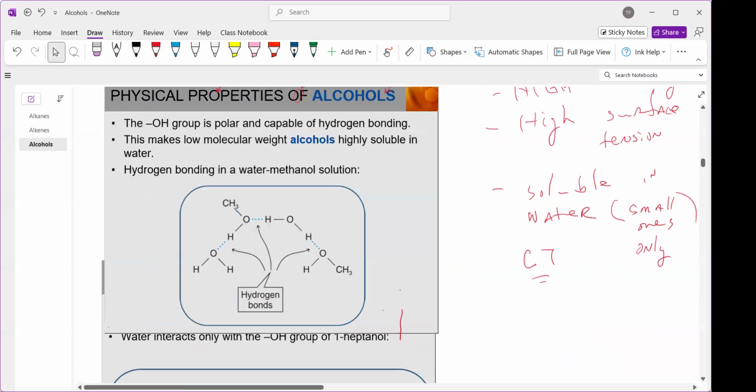Okay. Now, what happens when we take something that has strong IMFs and put it in a solvent that's got strong IMFs? It dissolves really fast, because the solvent IMF pulls apart the solutes. So when you take something like, what is this called?